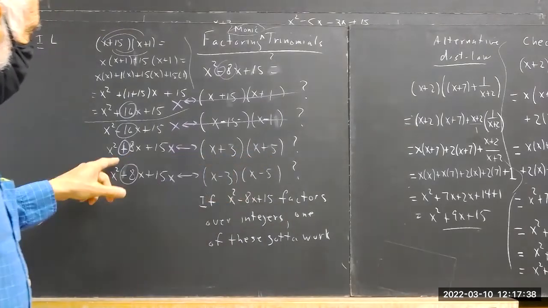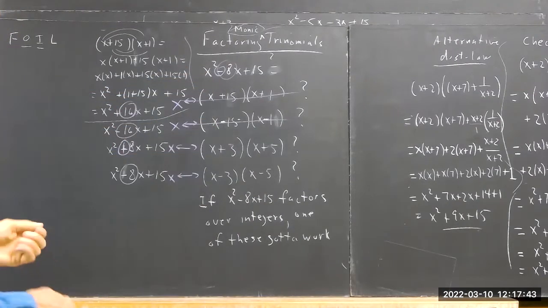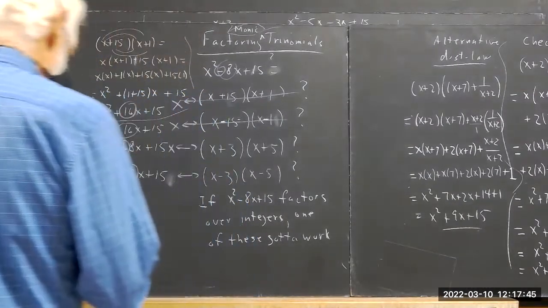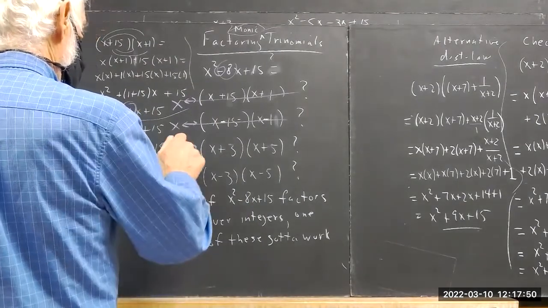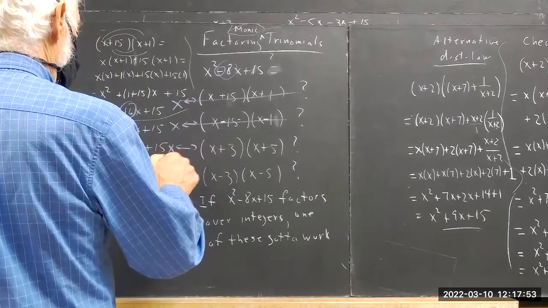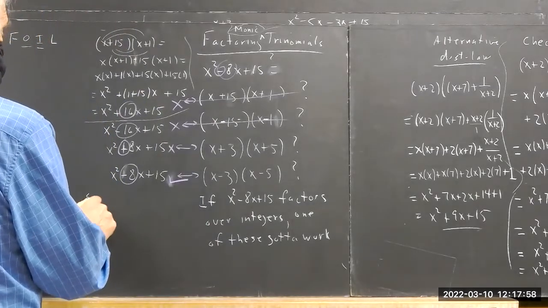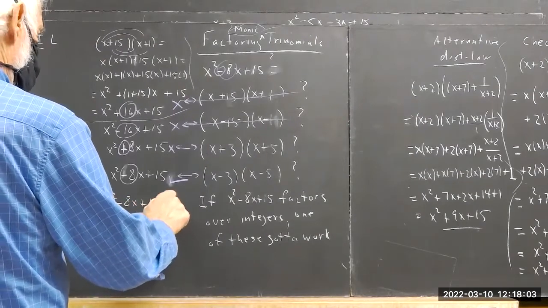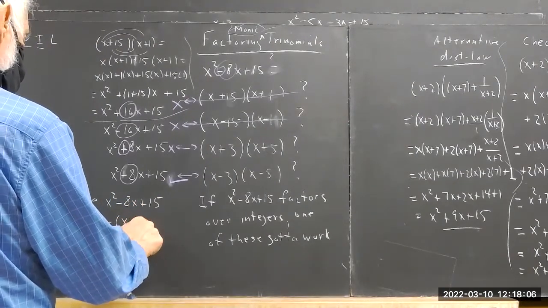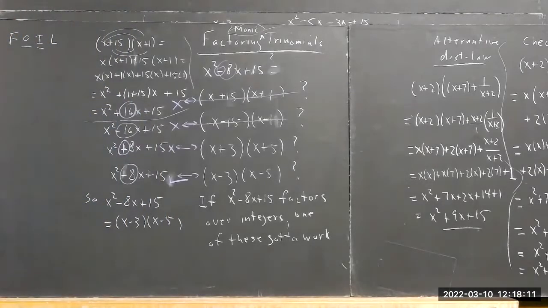The 3 and the 5 add up to 8, and the -3 and the -5 add up to -8. This is the one that matches. So this works.